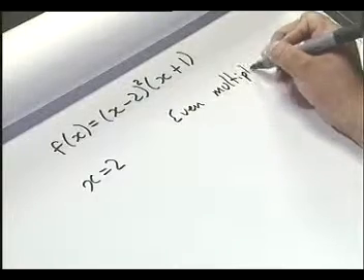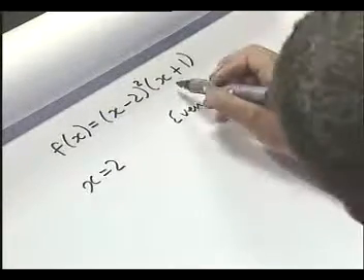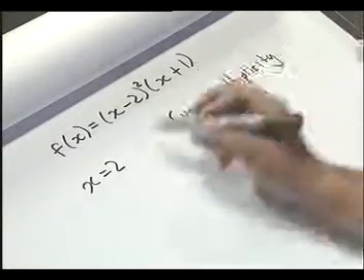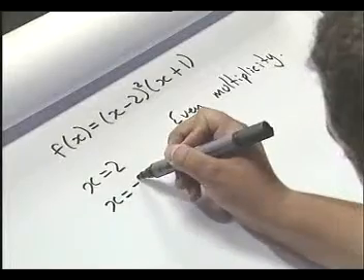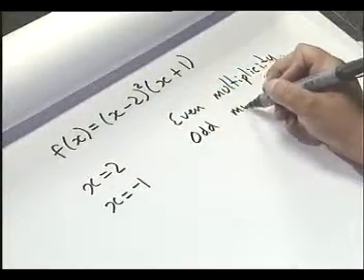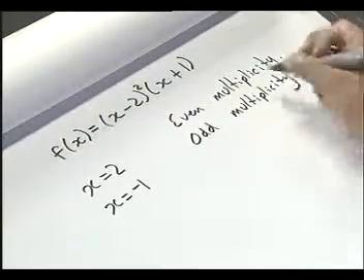And x equals -1 would make this bracket 0. So this would be an odd multiplicity, because the power of this bracket is actually a 1.